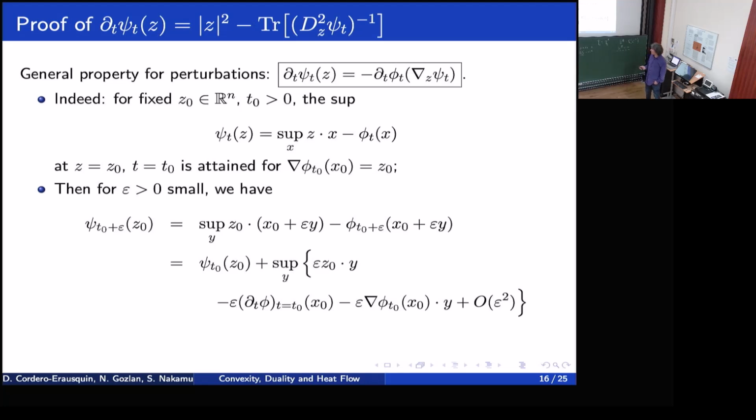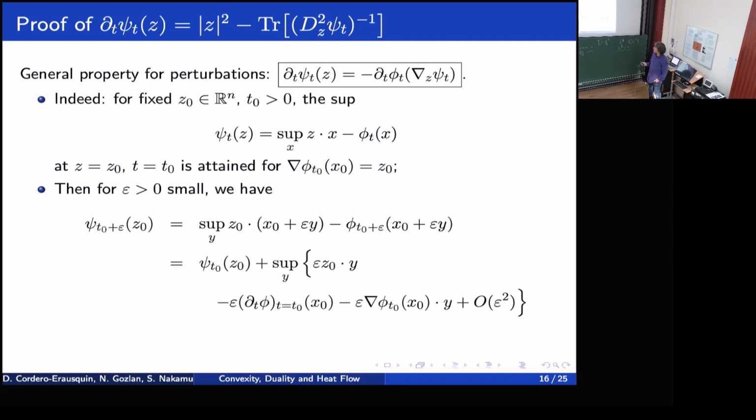What you have is epsilon z0 y, and here you make the Taylor expansion. So here I take the derivative in time. I have epsilon times the derivative in, well, I call it time, but it's just a parameter. Derivative with respect to the parameter t at x0.